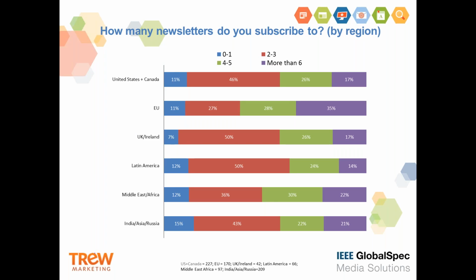Here we're looking at regional differences, and we ask the same question, how many newsletters do you subscribe to? And the regions where the most engineers subscribe to 2 to 5 e-newsletters are the EU at 76%, the UK and Ireland at 74%, and the US at 72%. While engineers in the UK and Ireland subscribe to more e-newsletters than any other region, with 35% subscribing to more than 6.